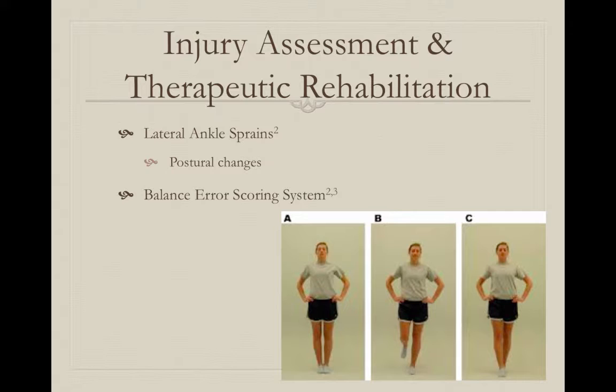One of those assessments is the Balance Error Scoring System, looking at ankle proprioception in three stances. A in the picture is double leg, B is single leg, and C is tandem, and they perform these on a variety of surfaces.